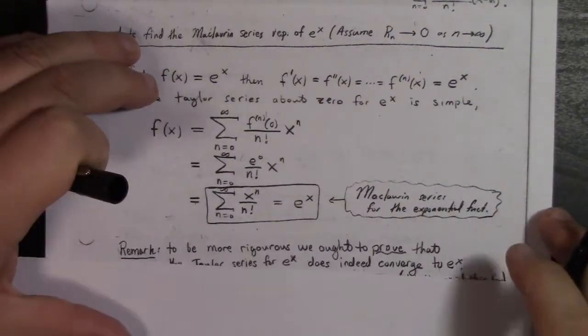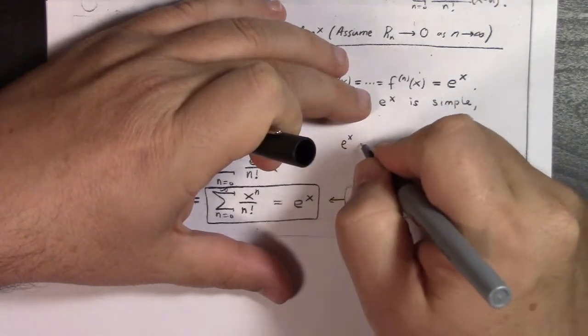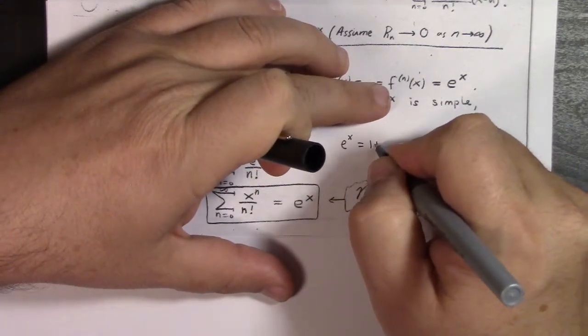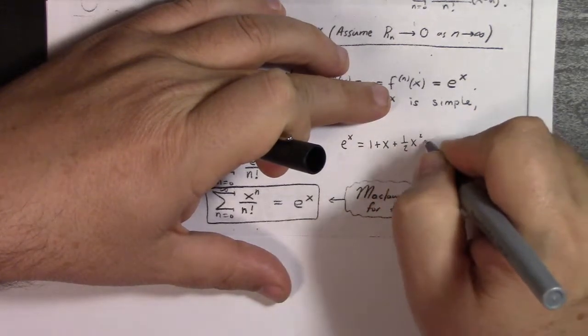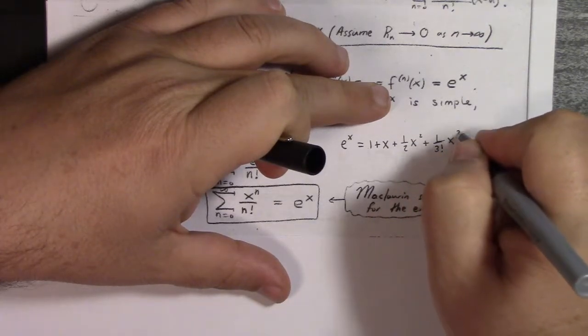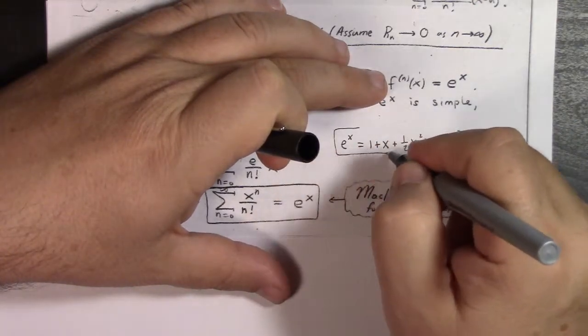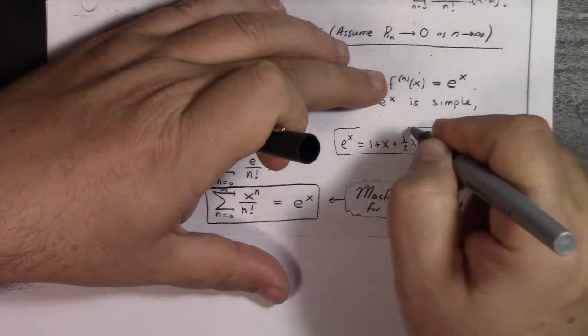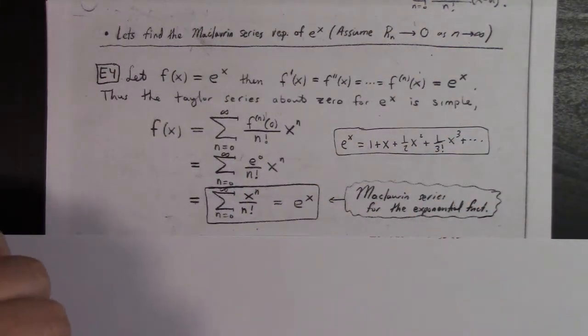So often it's useful, let me just write out the first few terms. We have e to the x is 1 plus x plus 1 half x squared plus 1 over 3 factorial x cubed plus dot dot dot. This is a wonderful formula, this power series expansion for the exponential. It allows us to do things like calculate e easily.